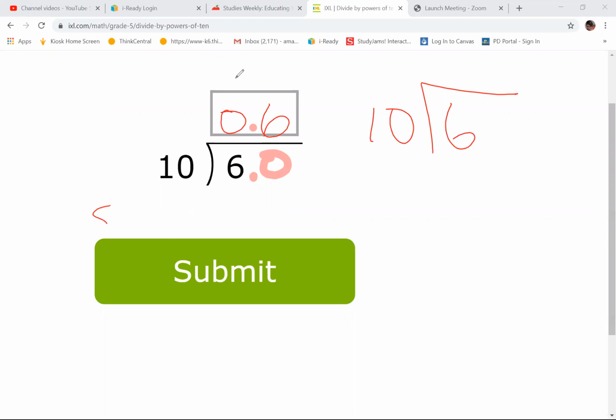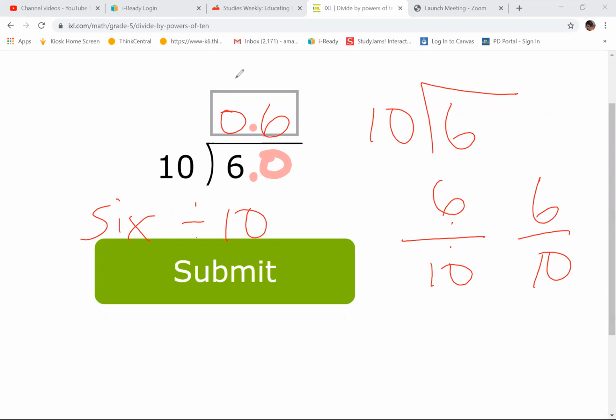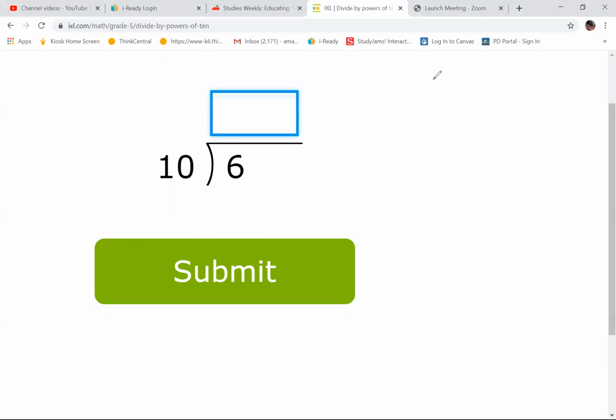It's 6/10, isn't it? Well, guess what? This says 6/10. Perfect. 0 and 6/10.